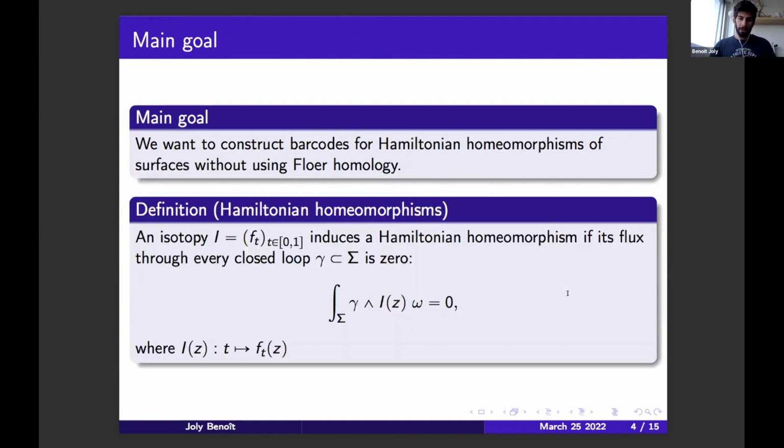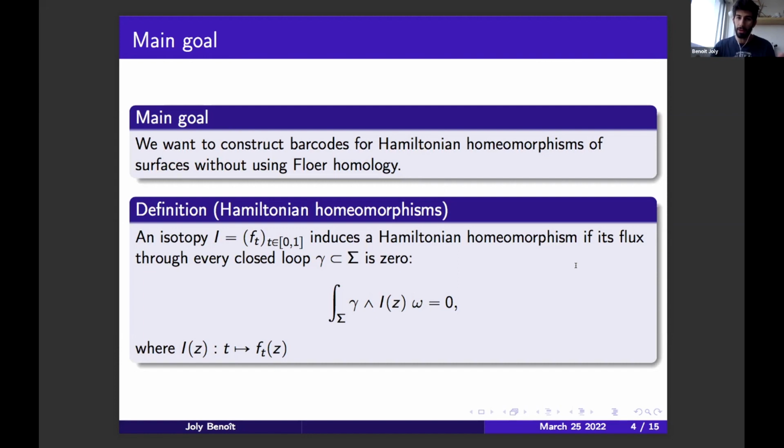So just to remind everyone, a Hamiltonian homeomorphism for a symplectic form is just a limit of Hamiltonian diffeomorphisms. But from a more symplectic point of view, we can think of a Hamiltonian homeomorphism as the time one map of an isotopy where the flux of this isotopy through every loop is equal to 0.